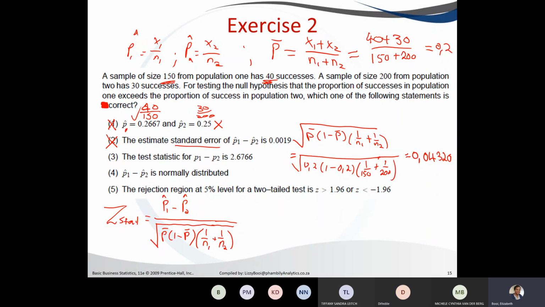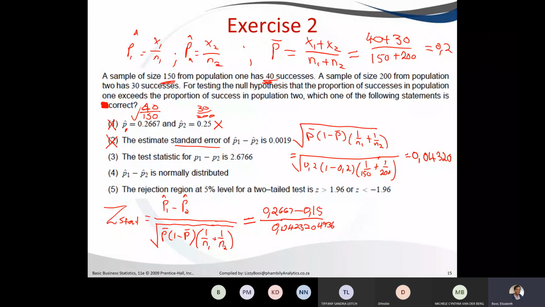And if we calculate the test statistic, our p1 is 0.2667 minus 0.15, divided by the standard error we just calculated, 0.04320 and some odd number, 4937.